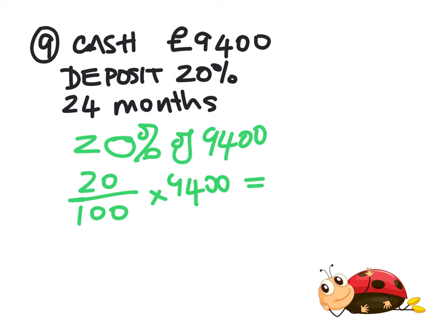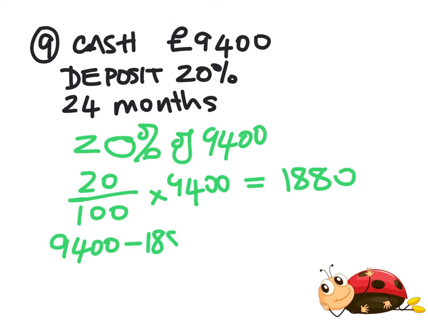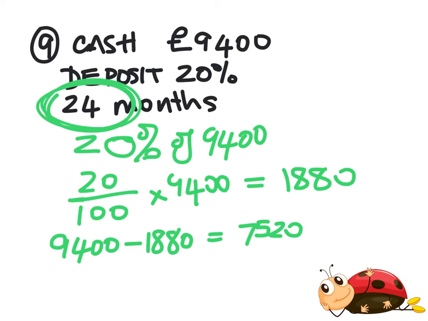That comes to £1,880. So if I take that off, then it tells me how much left I've got to pay, which is 7,520. And then I've got to pay it for 24 months. So I'm just going to divide that by 24, and that gives me how much I pay each month. Okay, you can do the same thing for your question.